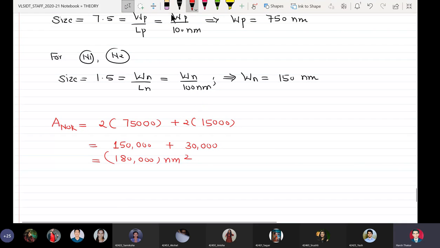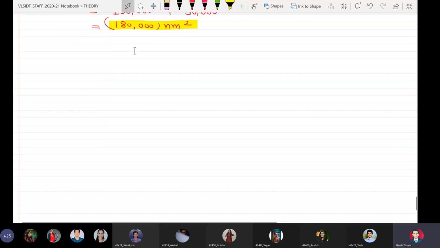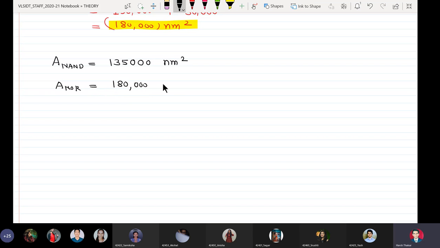Okay, so now we are at a stage of comparing the area occupied on chip. Area of 2 input NAND gate is 135,000 nanometer square, and area of NOR gate is 180,000 nanometer square.